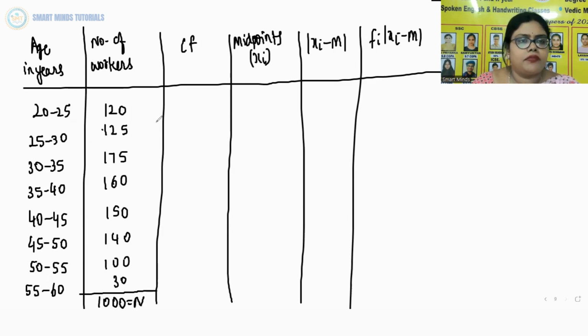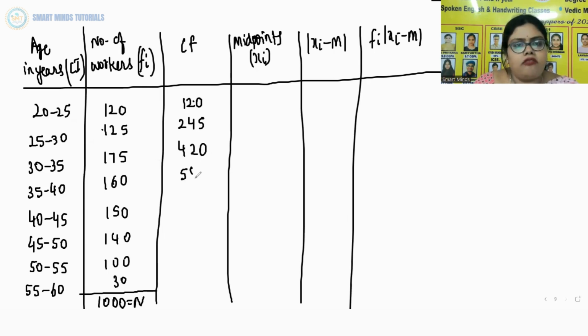This is N. Now let's find out CF. This is Fi and this is CF. CF is first 120, then 120 plus 125 is 245, 245 plus 175 is 420, 420 plus 160 is 580, 580 plus 150 is 730, 730 plus 140 is 870, 870 plus 100 is 970, plus 30 is 1000.